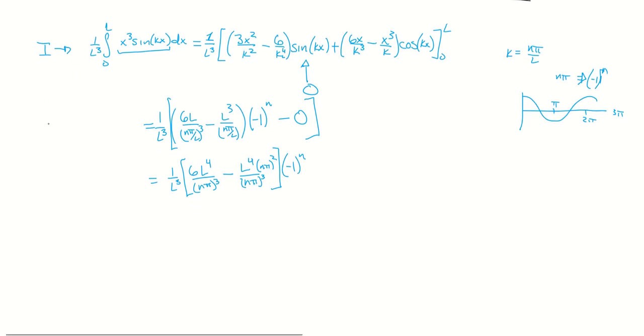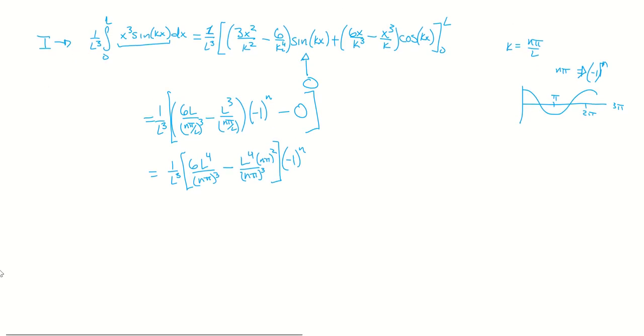So if we want to solve this, we're going to have two different terms. If n is an odd integer, this first integral in the Cn has an odd solution equal to 1 over, L over n pi cubed, and if n is odd, this is just going to be multiplied by -1.